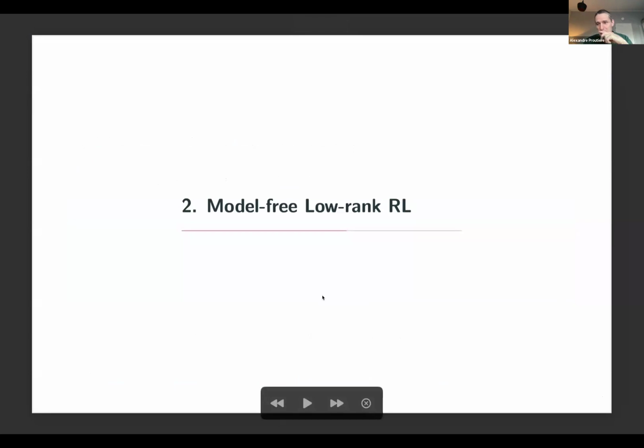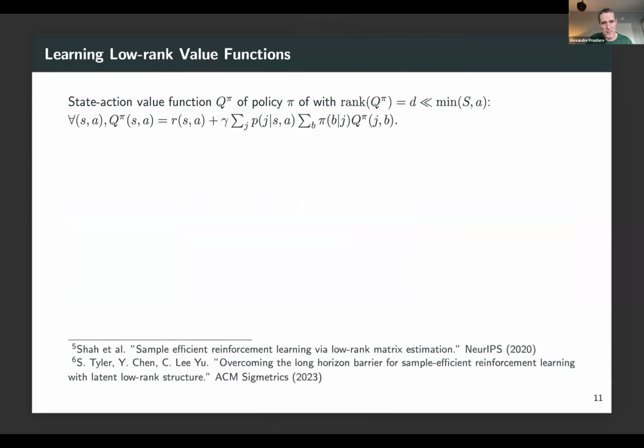No? Okay. All right, so I will continue, and I will now turn my attention to model 3, low-rank RL. In model 3, I will just try to estimate the Q function directly instead of learning the model, the dynamics, and then deducing the value function.